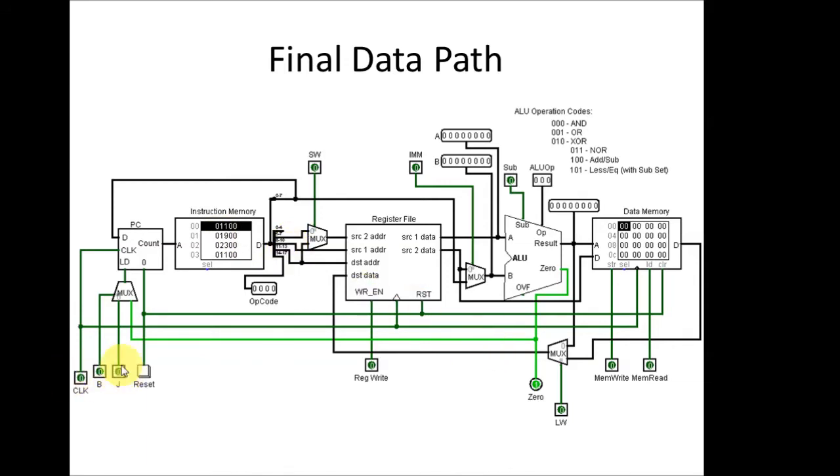Right? So doing all of that, connecting all those things, gives us all the signals that we need to control in order to make sure that all of these things happen automatically, because we don't want to do them by hand. We wanted to design a control unit that does it for us.